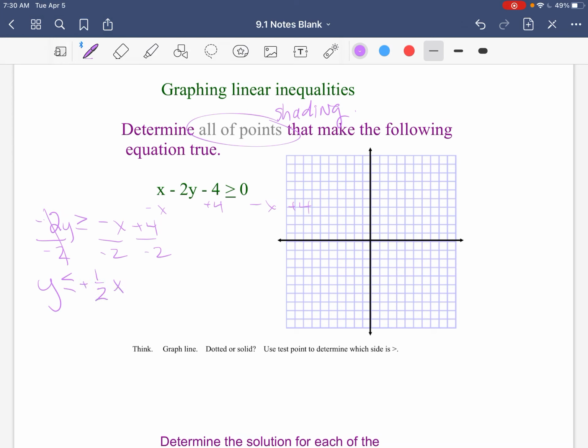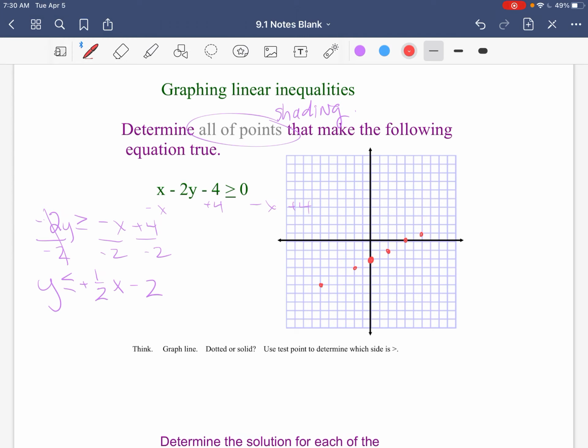We get y is less than or equal to positive 1/2 x minus 2. So that means a y-intercept of negative 2, a slope of 1/2. So 1 up, 2 over, 1 up, 2 over, 1 up, 2 over, 1 down, 2 over, 2 down, 4 over.